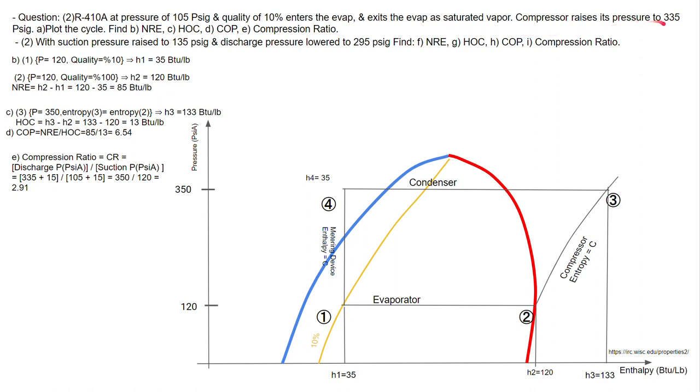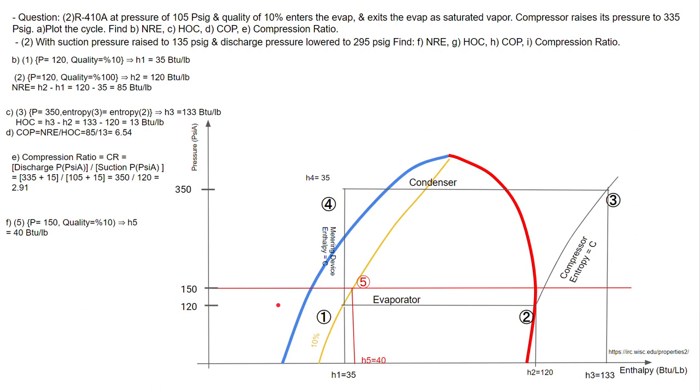Now, to make this question more interesting, I have added another part to it. In the new part I have raised the suction pressure from 105 to 135 and lowered the discharge pressure from 335 to 295, and we want to see how this affects the efficiency or coefficient of performance of this cycle.